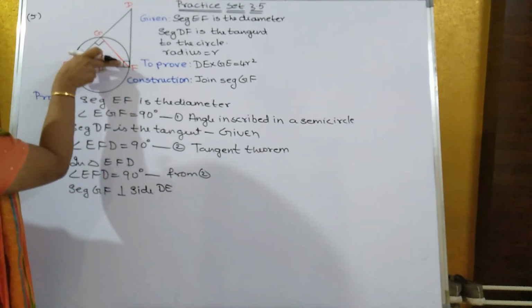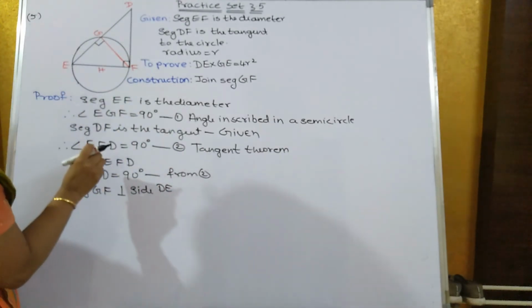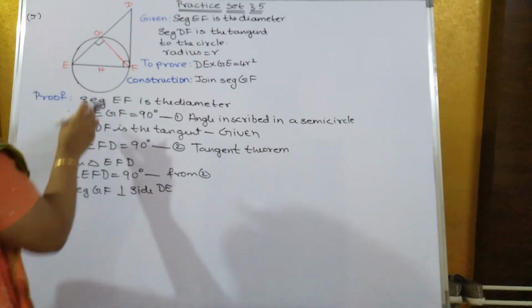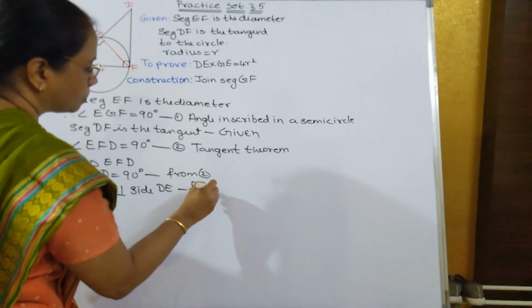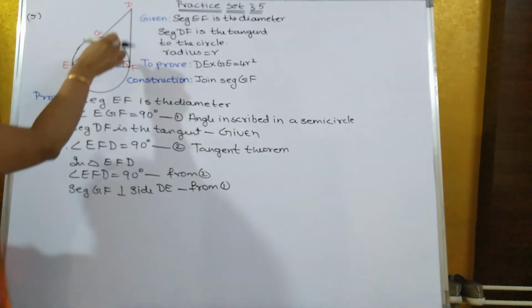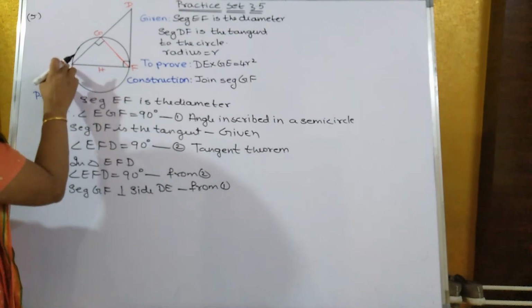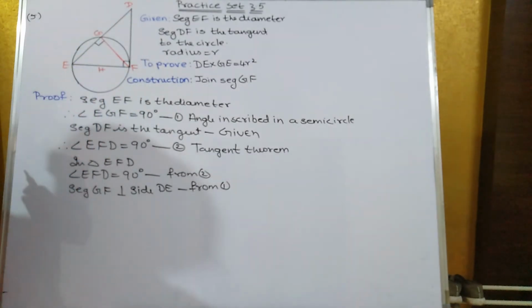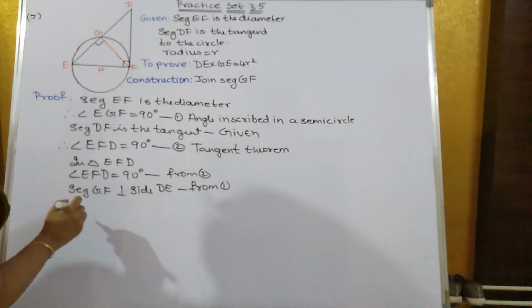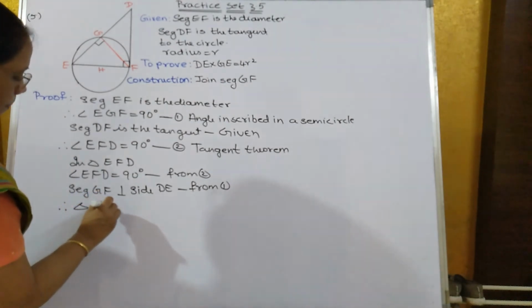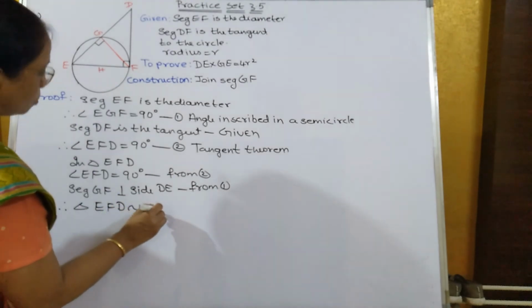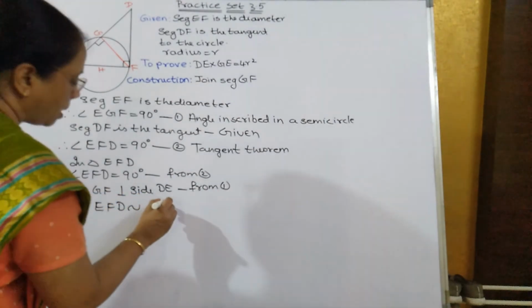That means this is perpendicular to side DE, from which? From 1. That is, angle EGF is 90 degrees. So this full triangle is a right angle triangle, as well as this smaller triangle is also a right angle triangle. Therefore triangle EFD is similar to triangle EGF.